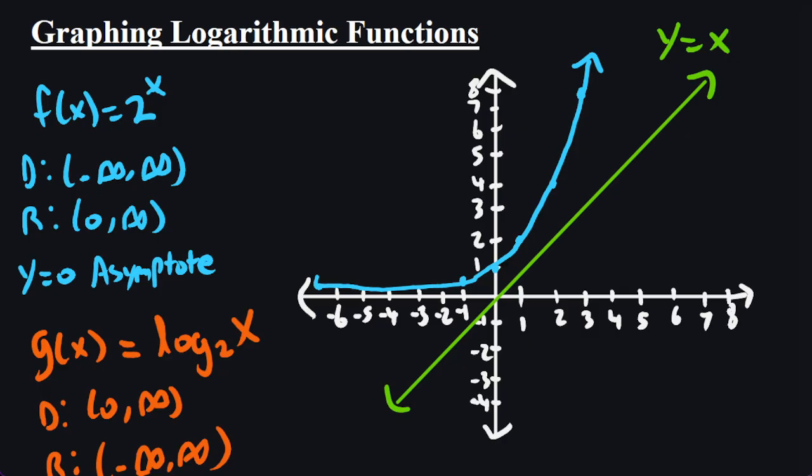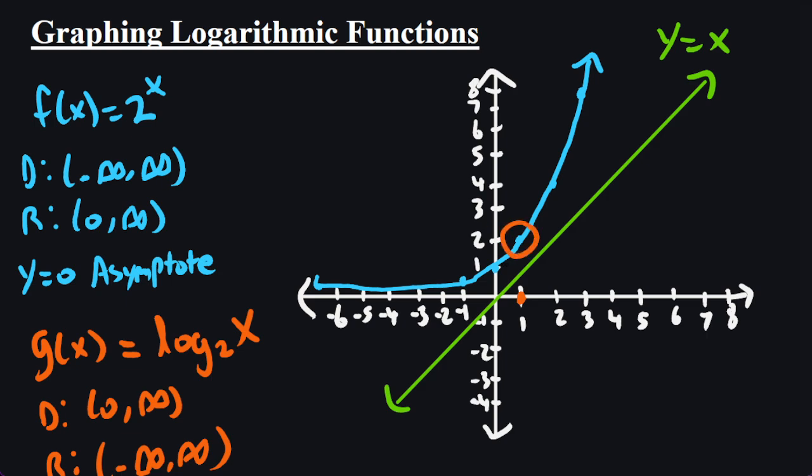So on this line, at every point, the y-coordinate and the x-coordinate are the same. So all we have to do to reflect this across the identity line, to plot g of x, let's start with this point right here, 0, 1. All you have to do is switch the x and y coordinates. So 0, 1 becomes 1, 0.